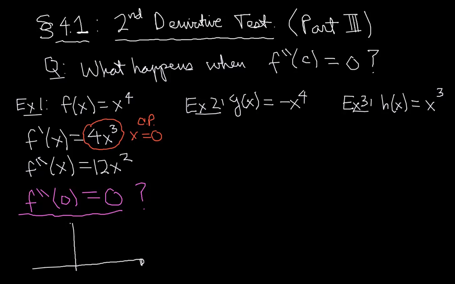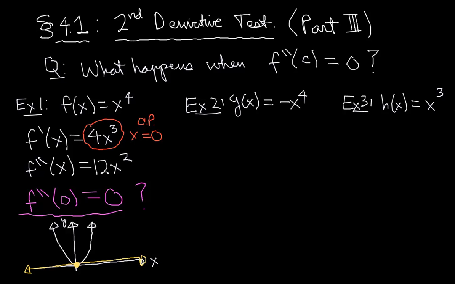Look at the graph of the function. Here's the x-axis, y-axis. We know x to the 4th looks like this. It's a sharper, narrower version of x squared. And look here. The tangent line at x equals 0 has slope 0, because that's where the critical point is.